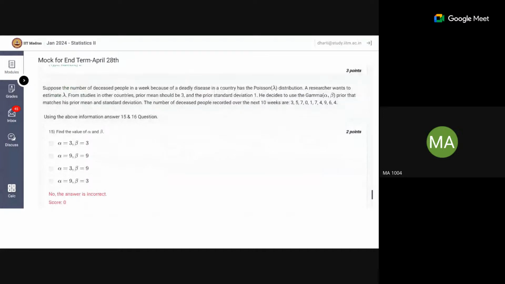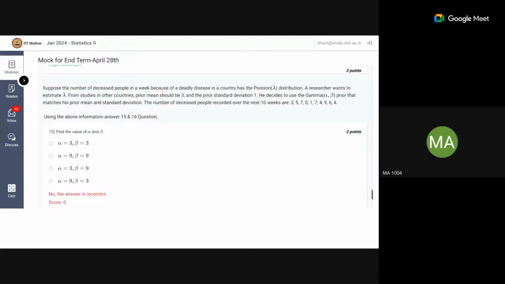Question 15. Okay, 15 and 16 are connected. Suppose the number of deceased people in a week because of a deadly disease in a country has the Poisson distribution. A researcher wants to estimate lambda. From studies in other countries, the prior mean should be 3 and the prior standard deviation is 1.